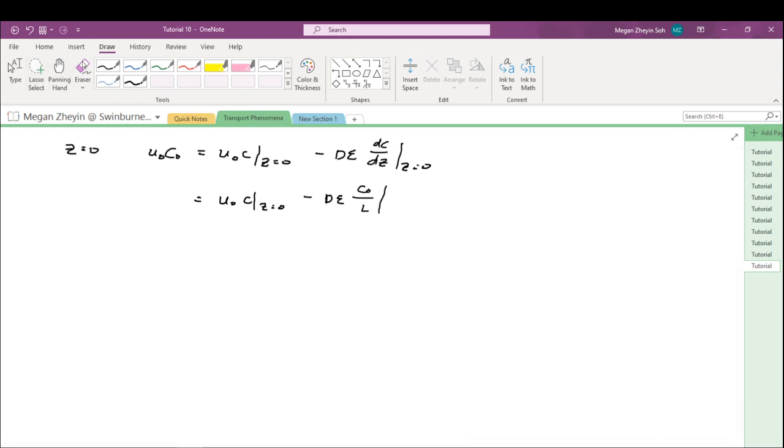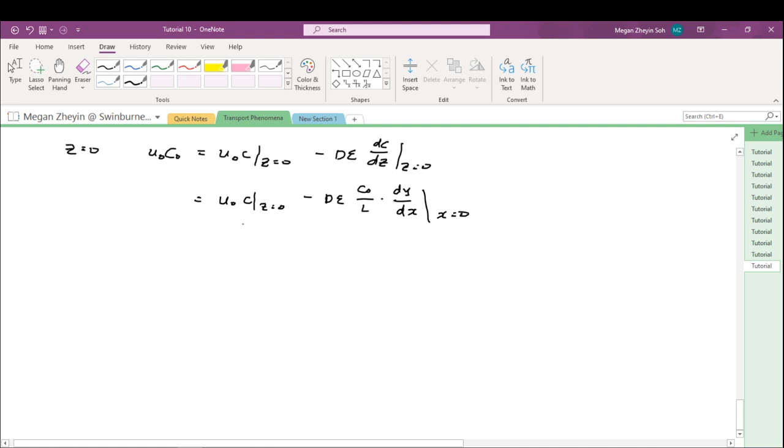Sorry. C over L. So this one, like we have found previously, is dy/dx at x equals 0, because now everything is a function of x over here. But this one was a function of c, so now we change it to x.